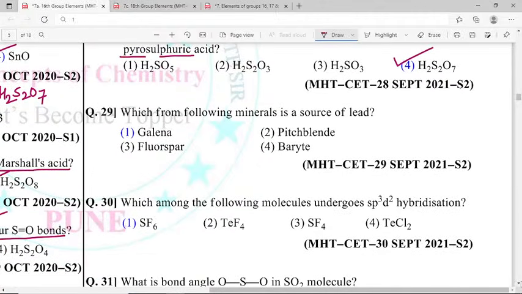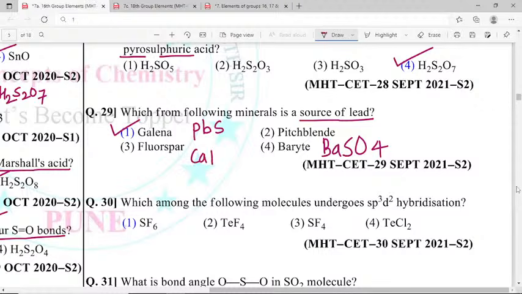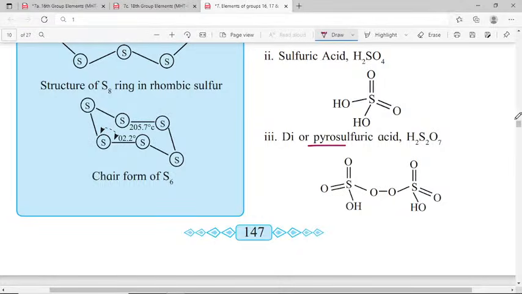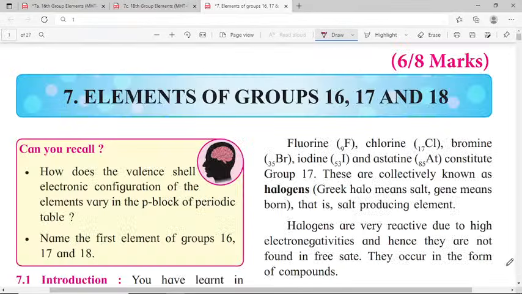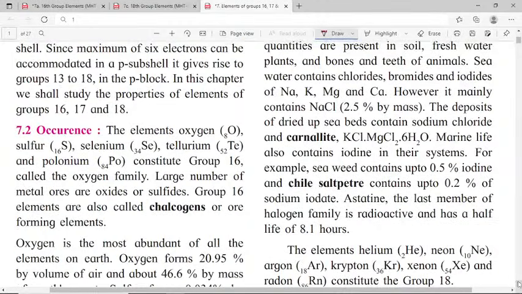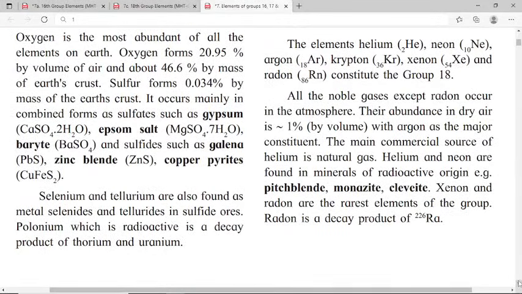Which of the following minerals is a source of lead? Galena, PbS. Galena is a compound, lead sulfide actually. Barite is BaSO4. Fluorospar is CaF2.